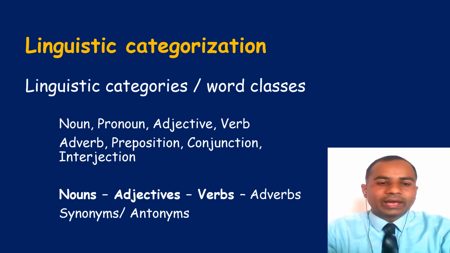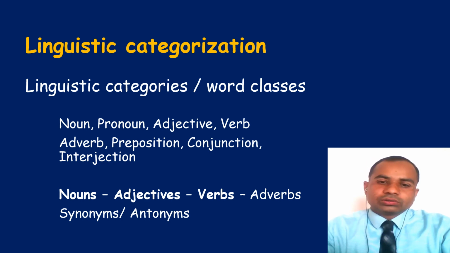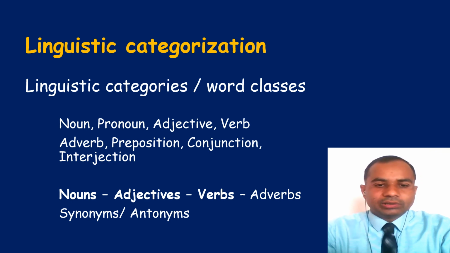Now we have some limited word classes. For example, interjections are limited, they are restricted, and conjunctions even, and there is a limited set of prepositions in any given language, and we have limited pronouns even.